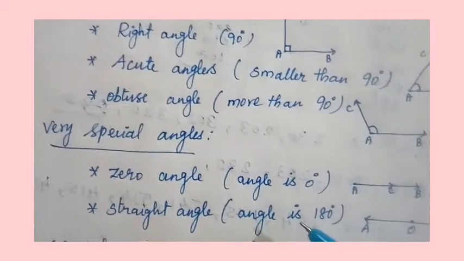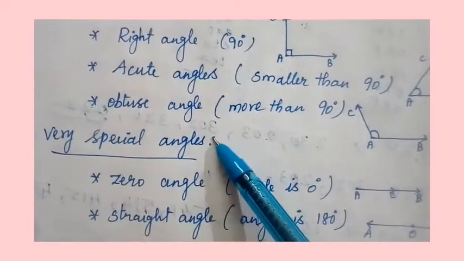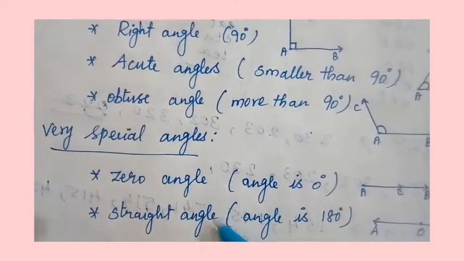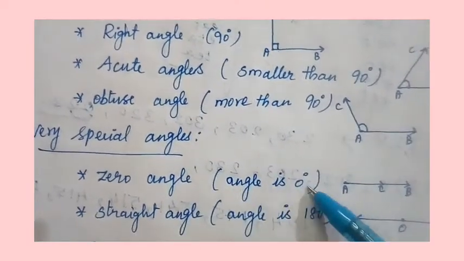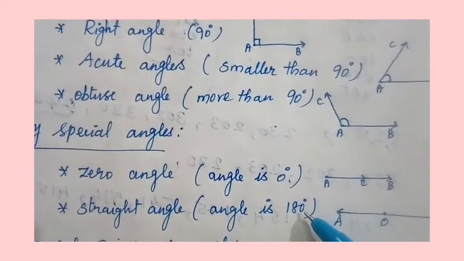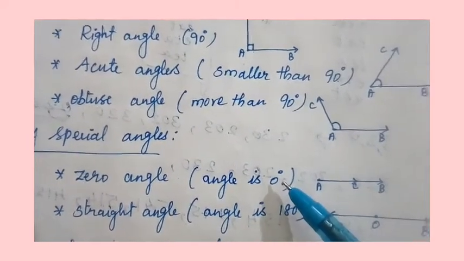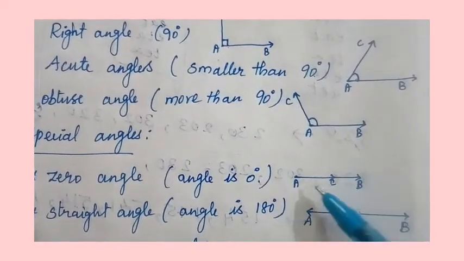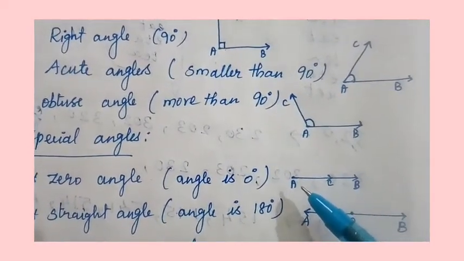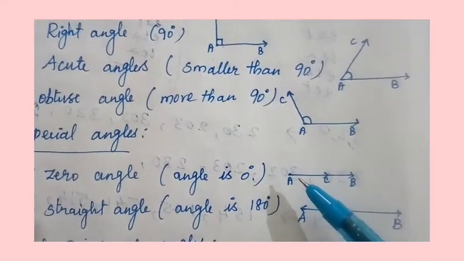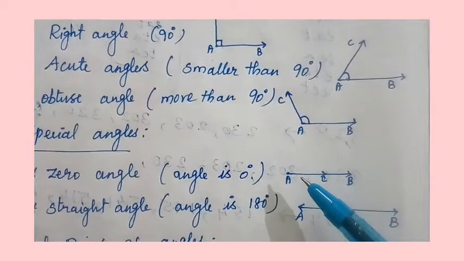Then some very special angles: the zero angle and the straight angle. Zero angle means the angle is 0 degrees. Straight angle means the angle is 180 degrees. How do you identify 0 degrees? The two rays coincide. For example, in a wall clock at 12 o'clock, the hour hand and minute hand join together.